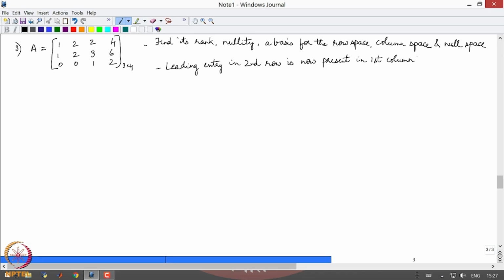So, which is not right as per the definition of the row echelon form. It should be present in the second or higher columns, but not in the first column.